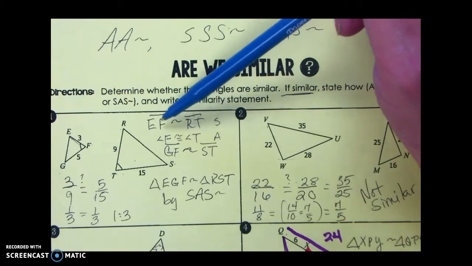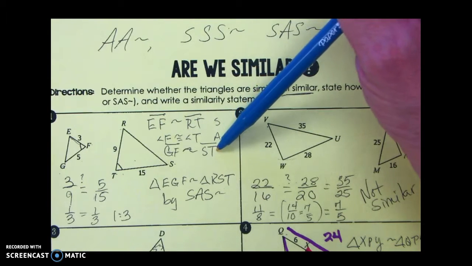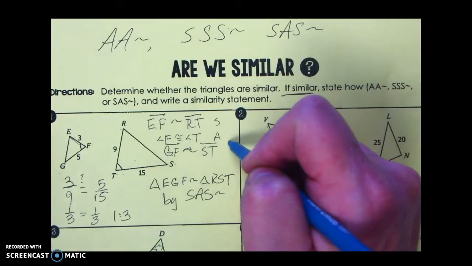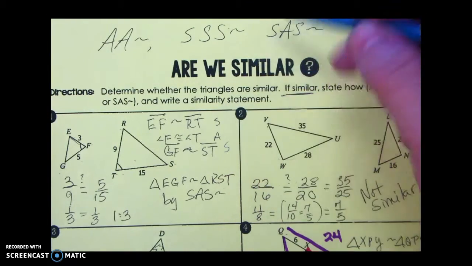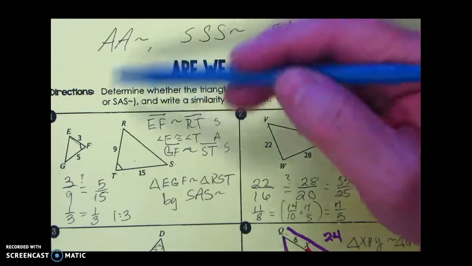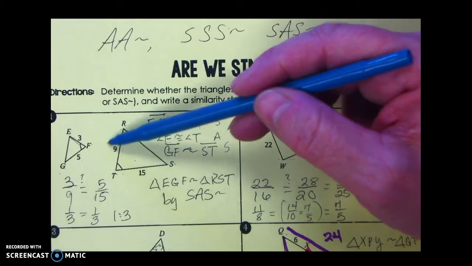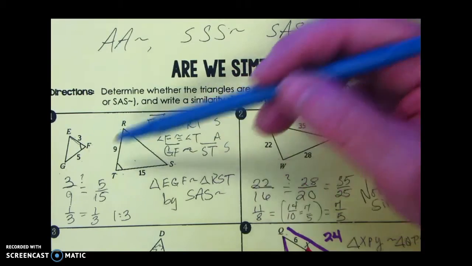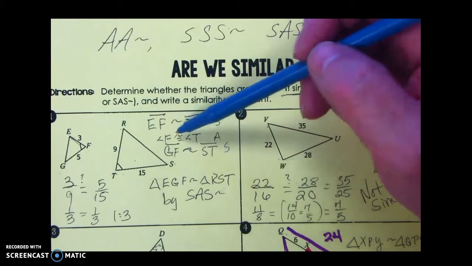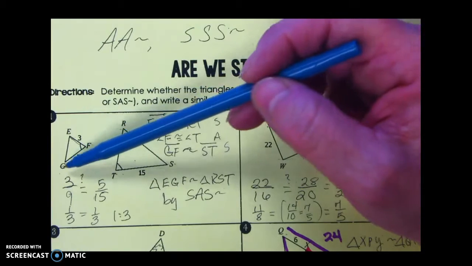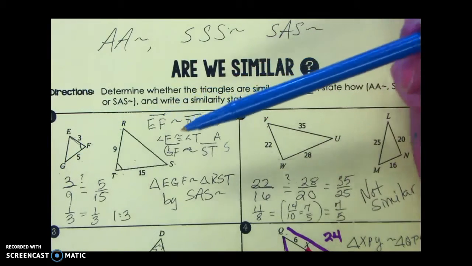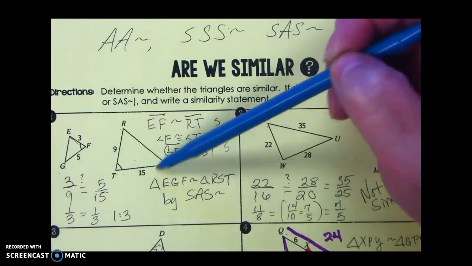Then I'm setting it up as a side angle side. Put that little other S here, so I got a side angle side. So I bring in the angle. Angle F is congruent to angle T, and that was given information. These were already marked. And then I look at line GF, which is similar to line ST.